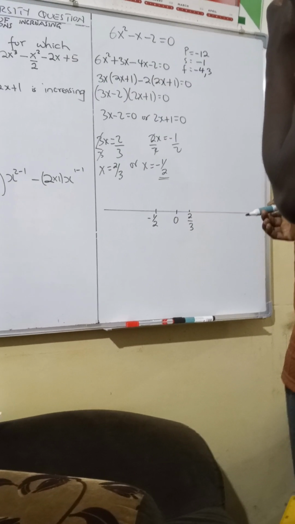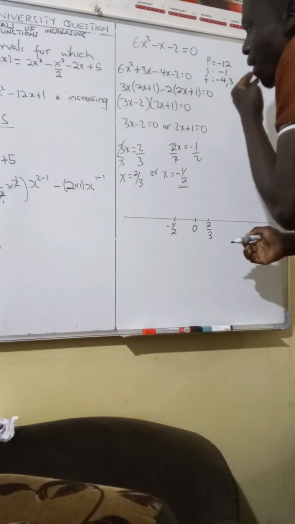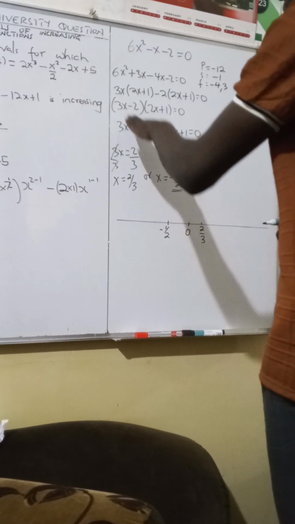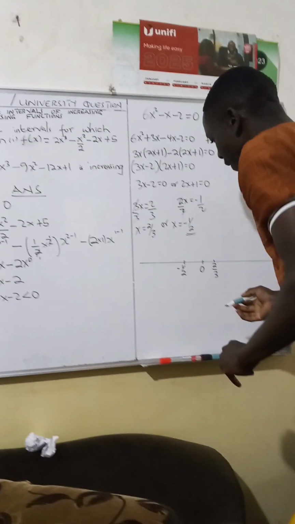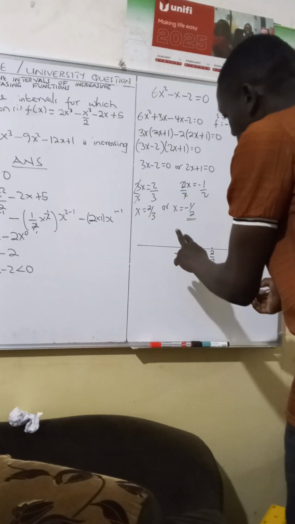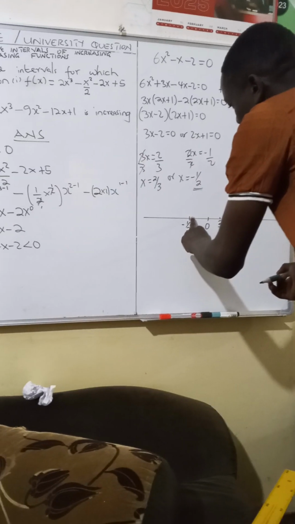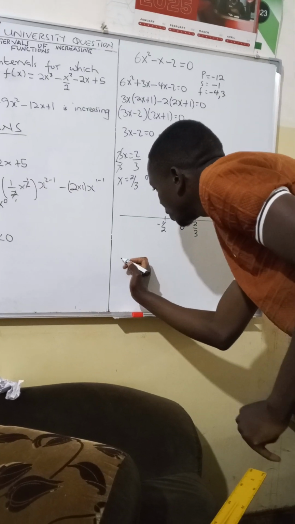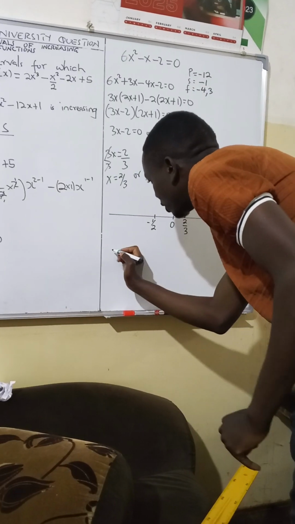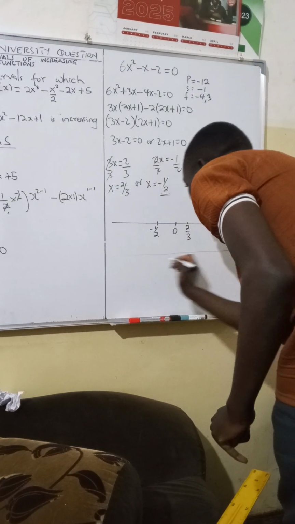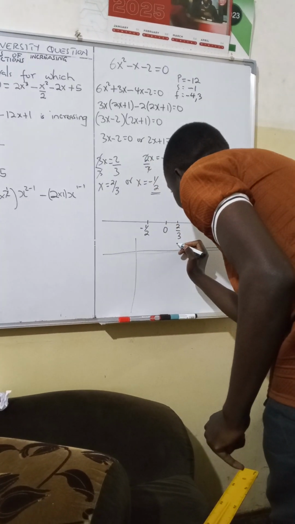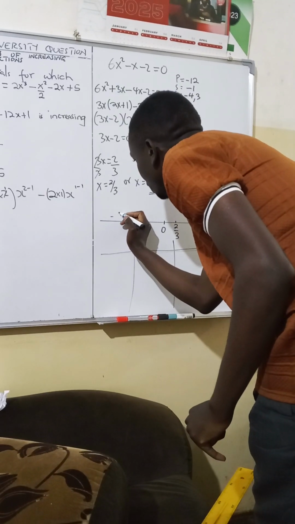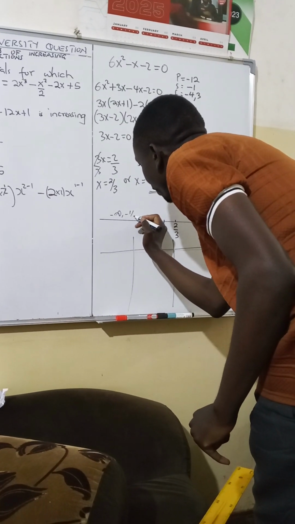Then I'm going to find the ranges. So the first range will be from negative infinity. I will draw a table. I'm going to have ranges. The first range for me is from negative infinity to negative half.